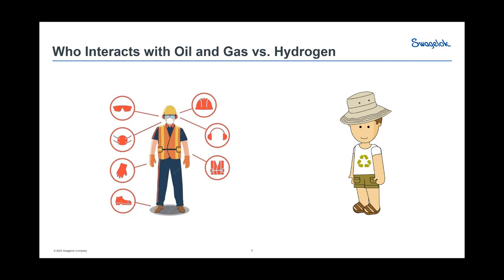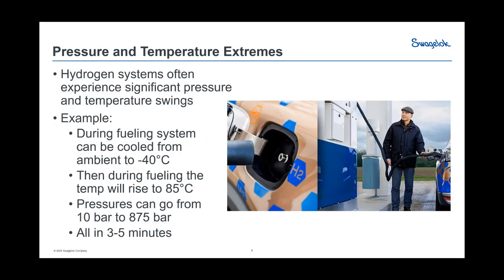Well, today, you can have somebody walk up in sandals and a pair of shorts and refuel a vehicle at a refueling station at pretty high pressures. And here's an example of one gentleman filling his car, and he's standing right between a dispenser that's dispensing at what will eventually be 875 bar, over 12,500 PSI, into his vehicle, and it's going to start the fueling process at minus 40 degrees C and go all the way up to 85 degrees C. And this all takes place in about 3 to 5 minutes, but you're standing right between those two things.